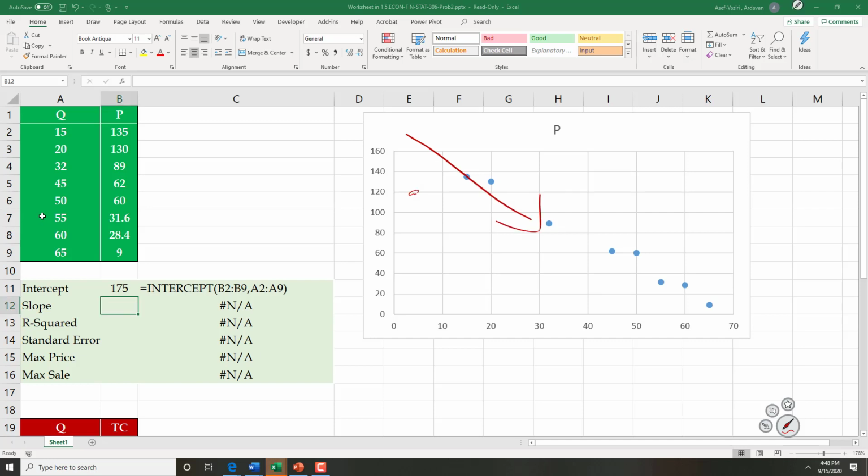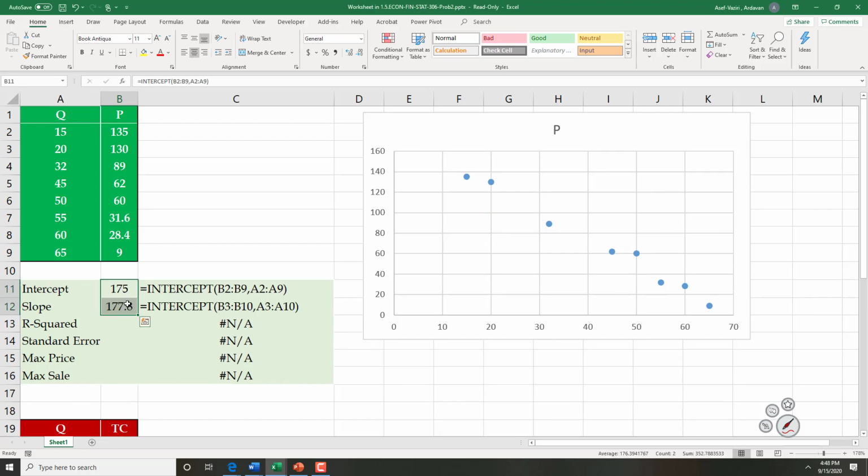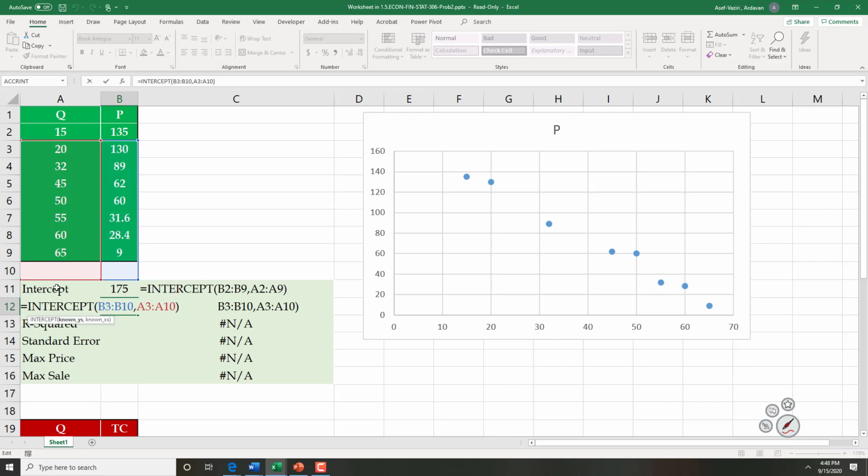Then this line has a slope which comes down. By a slope, I mean when I go 1 unit in that direction, how much that curve comes down. To find that, I just copy this down. Because my reference is relative, I should go and take this one back and take this one back.